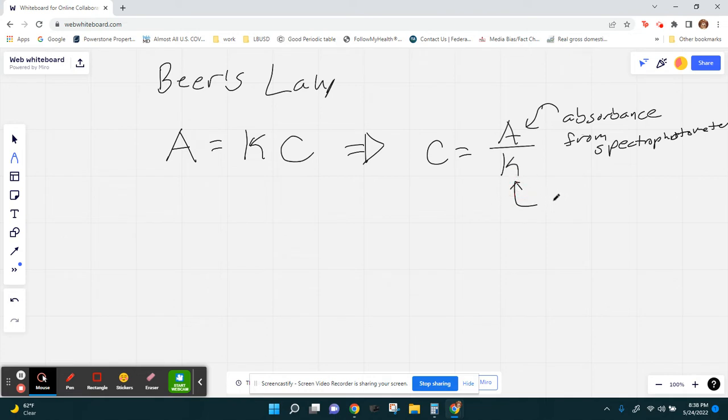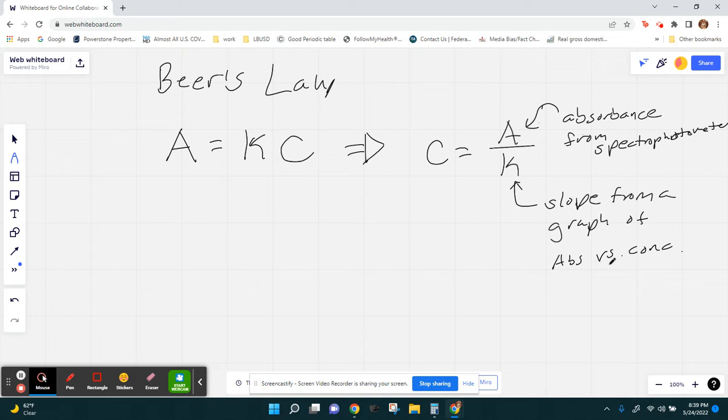So it's basically the slope from a graph of absorbance versus concentration of solutions of known concentration. Okay. So that's what we're going to do with your data.